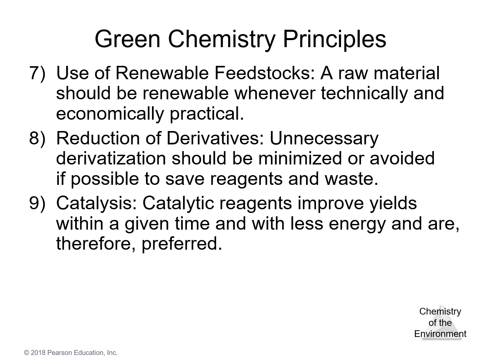Now, you could also use different types of renewable feedstocks. Raw materials should be renewable whenever technically and economically practical. Reduction of derivatives, and then catalysis. Catalytic reagents improve yields within a given time with less energy and are therefore preferred.